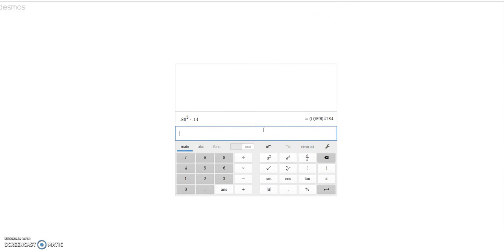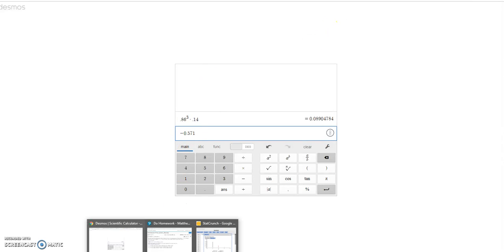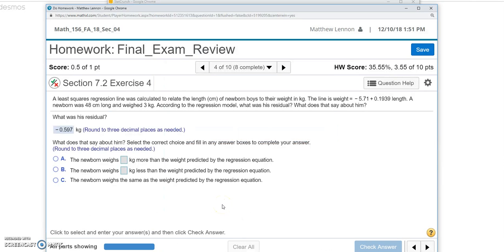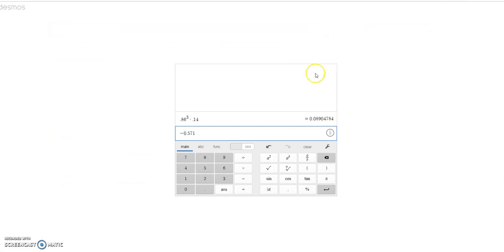negative 0.571 plus 0.1939 times the length, and I believe the length was 48.